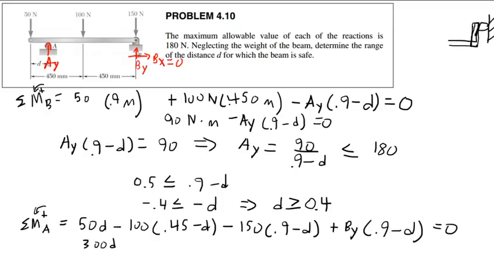Oh, let's see, 0.9 times 50. Okay, so we'll have the negative 100 times 0.45 minus 135. So I'm getting negative 180. That is the negative 100 times 0.45 and then minus 135 from here. And then minus BY d equals 0.